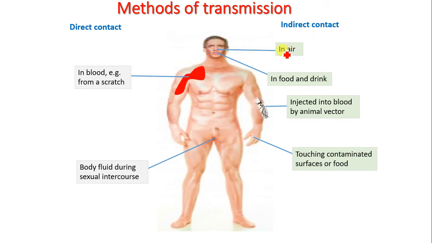Then you have in air, in food and drink, and injected into your blood by an animal vector, in this case a mosquito. Then touching a contaminated surface can also transmit diseases.